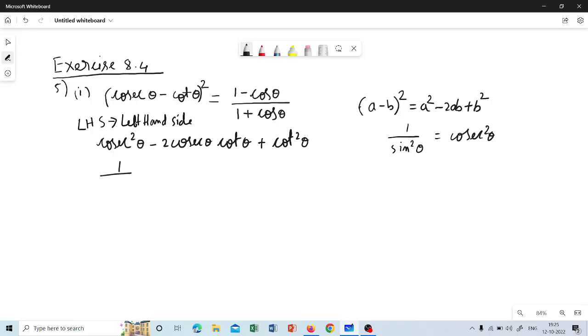This will be 1 by sine square minus 2 into 1 by sine theta into cos by sine, cot is cos by sine, plus cot square is cos square theta by sine square theta.